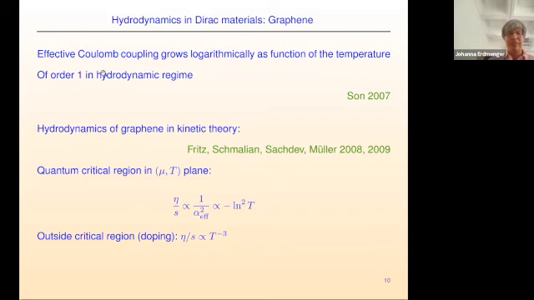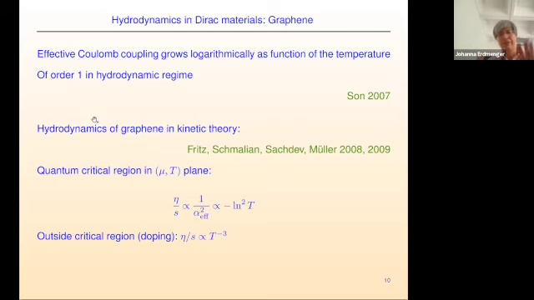Okay. And so there were a lot of investigations, I'm just quoting some famous paper here, where people use kinetic theory. So this is the standard Boltzmann equation by which you determine how particles move semi-classically in some geometry, and they scatter off each other and the walls and so on. In particular, people also considered eta over S in this perturbative approach and found it to behave with the temperature in such a way.